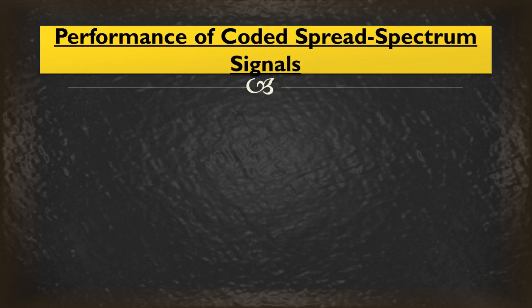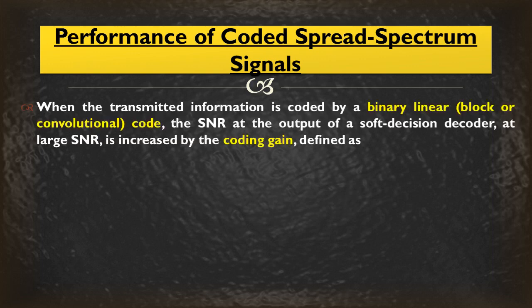Now one more term is coding gain. My title says performance of coded spectrum signals. So usually in digital communication, what exactly we do is we use channel coding techniques like block coding or maybe convolutional coding techniques.